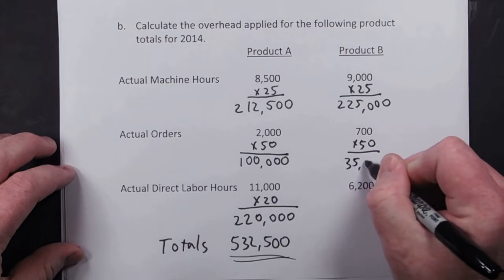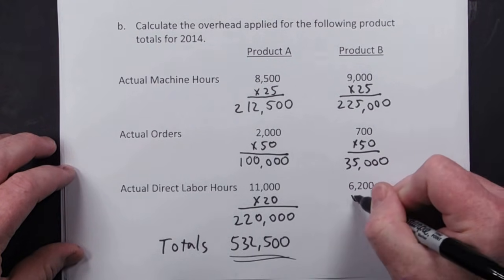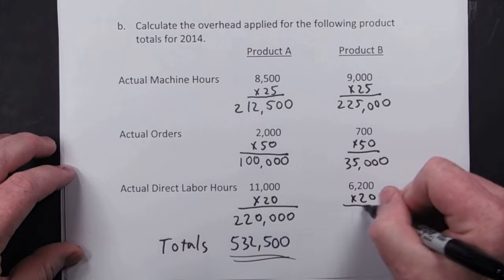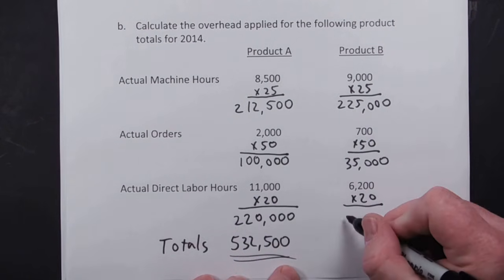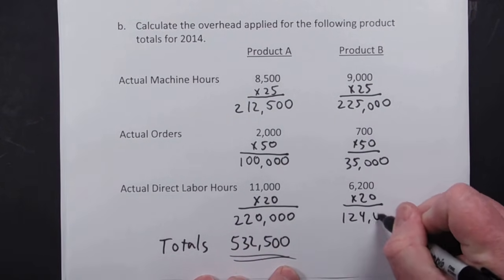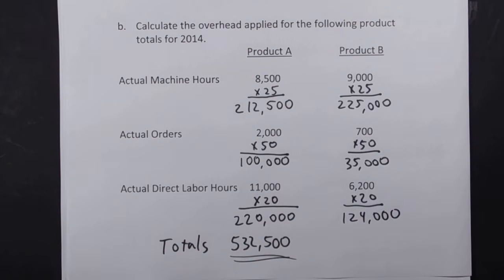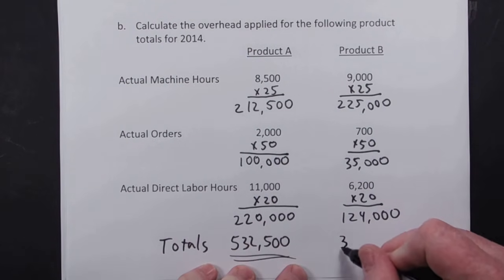And 6,200 times $20, $124,000 is applied for our actual direct labor hours of 6,200. Add all three of those up, 225,000 plus the 35,000 plus the 124,000, and we get a total of $384,000.